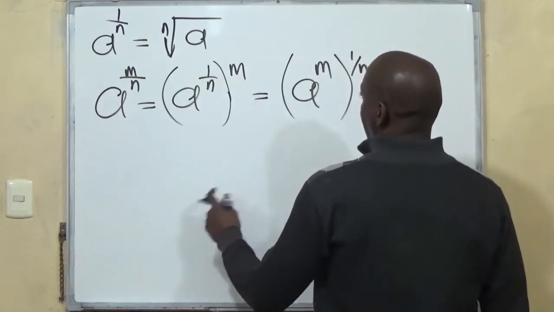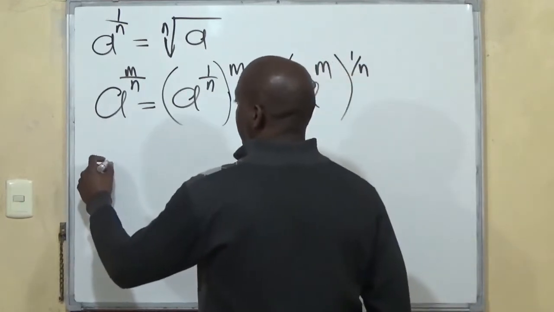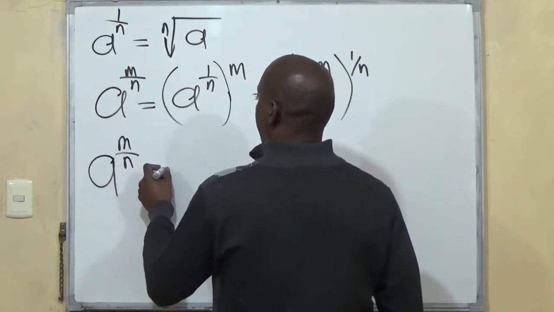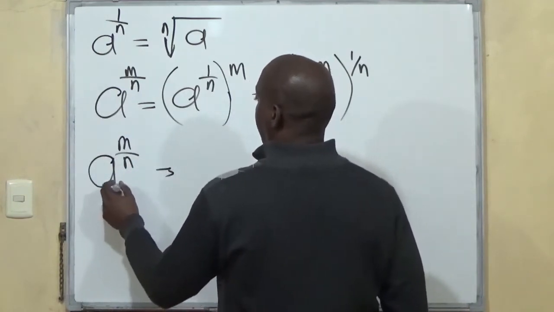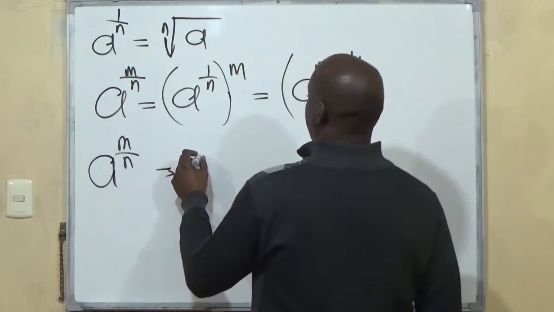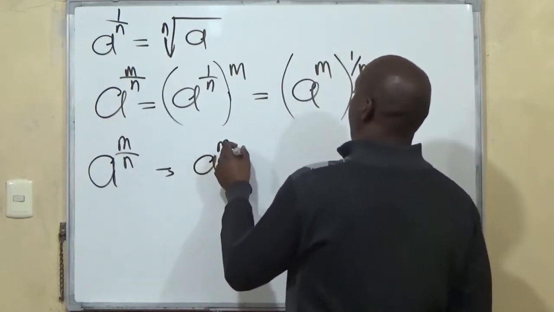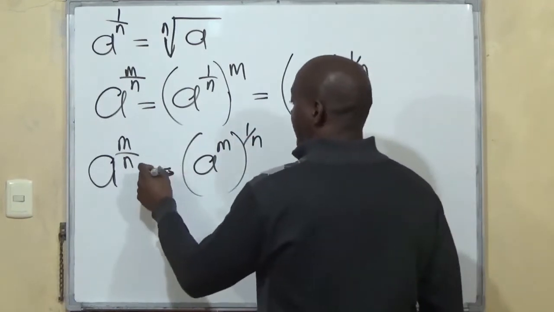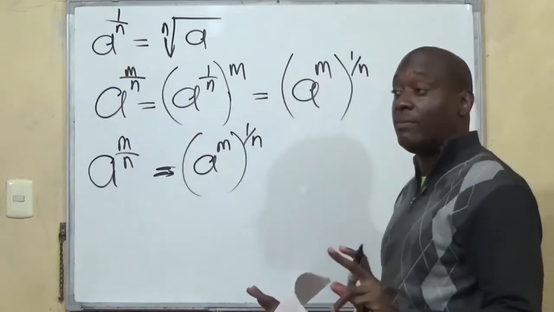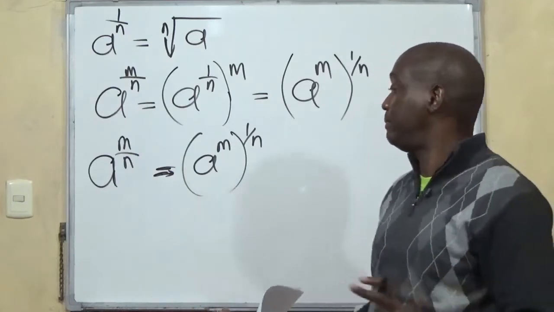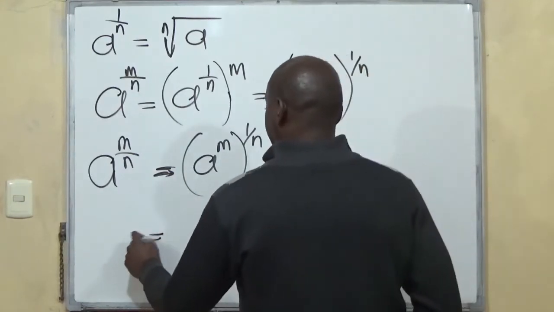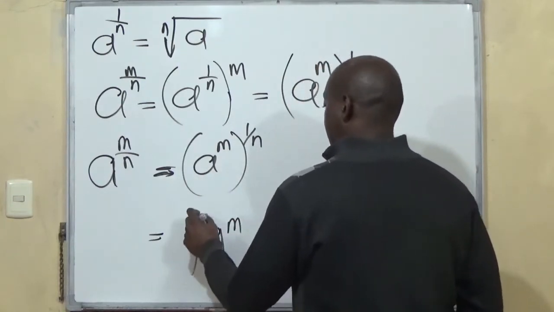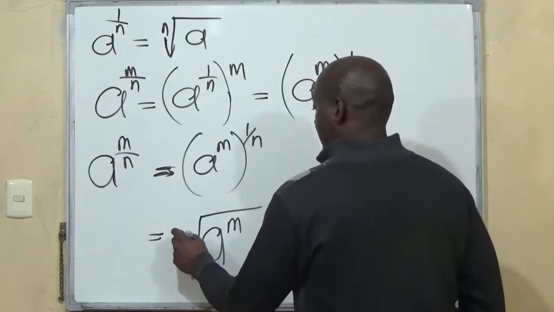If we're saying that a to the m over n is equal to a to the m to the power of 1 over n, then that can be written as, and this is the form that a lot of people are familiar with, a to the m, and then you put the root sign with the n on the outside.